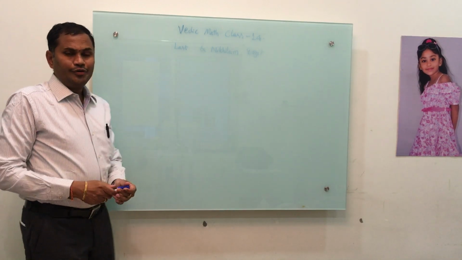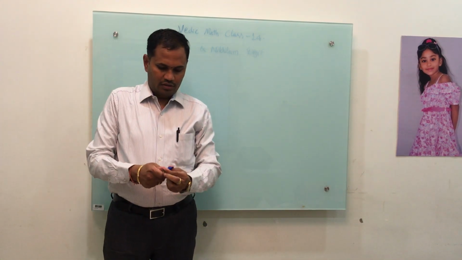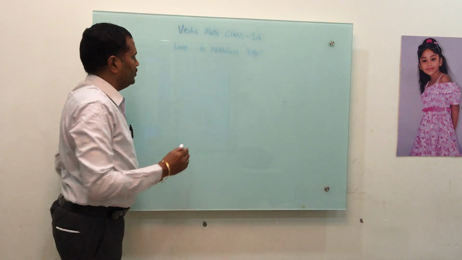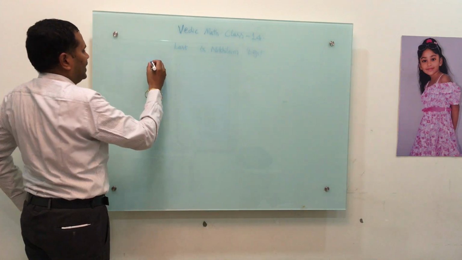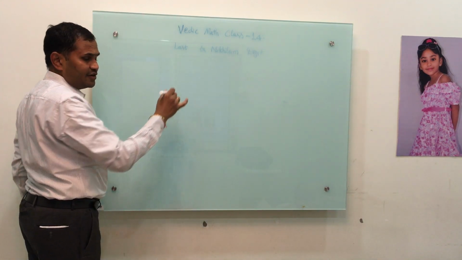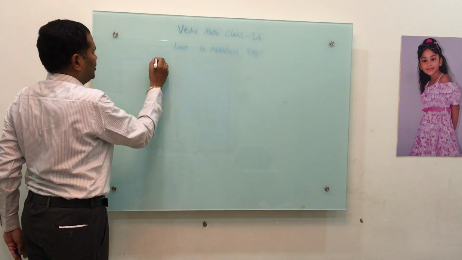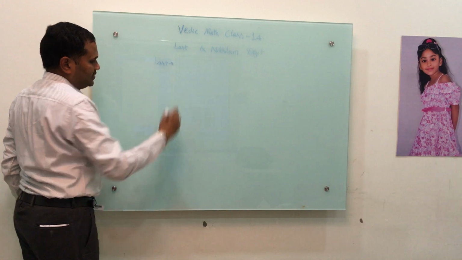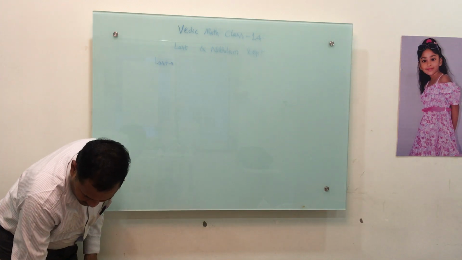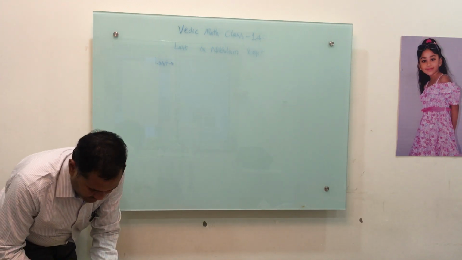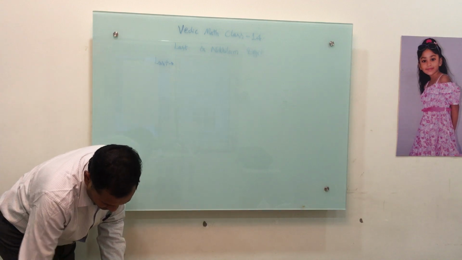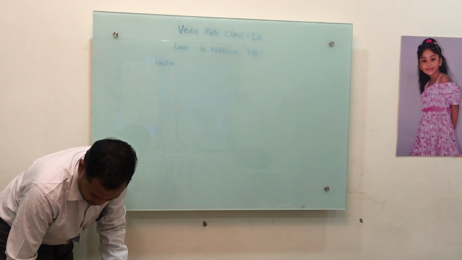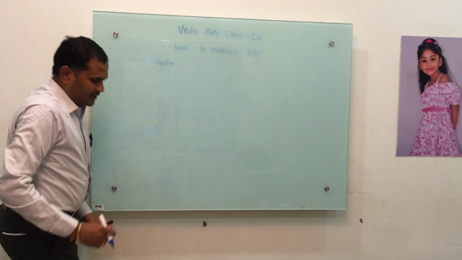This is the most powerful concept that we need to learn, which is very helpful for subtraction and addition. What is the last digit? Last digit and Nikhilam digit. Let us understand it.